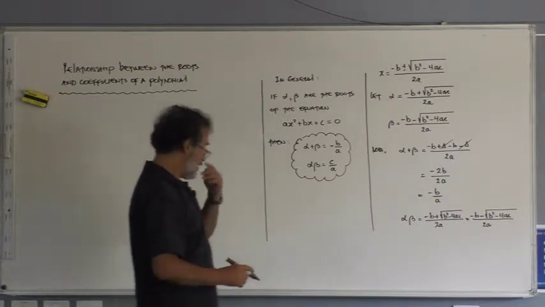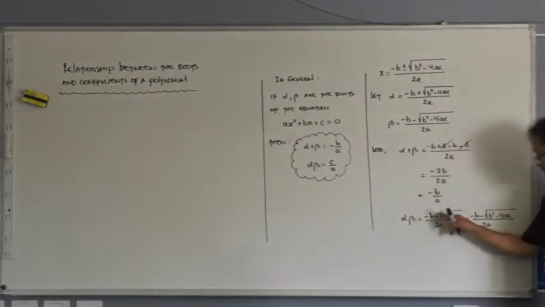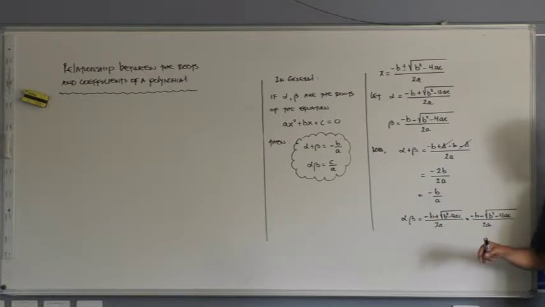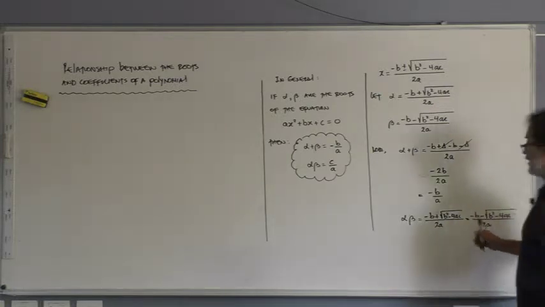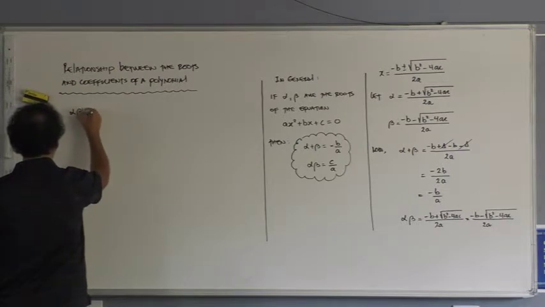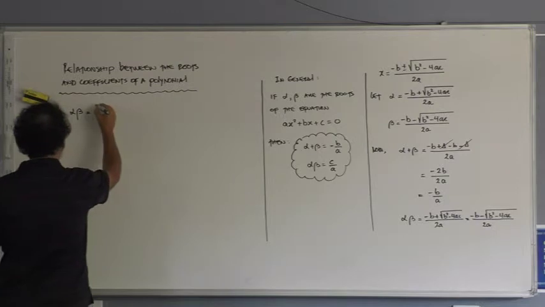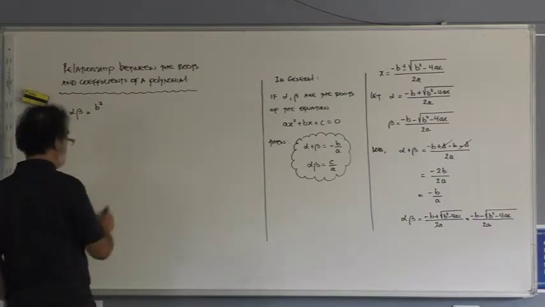When you have the difference of two squares, you multiply the first term by itself, so we're going to do minus b squared. What is the answer for minus b squared? b squared. So alpha multiplied by beta is going to be equal to b squared.